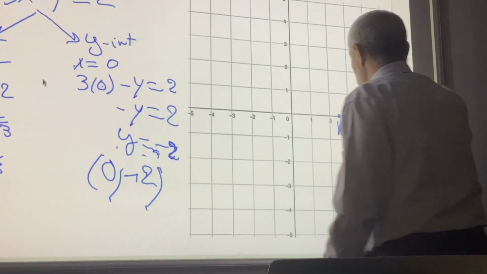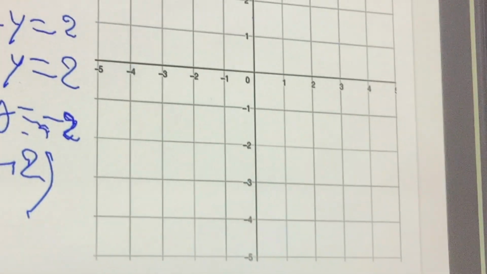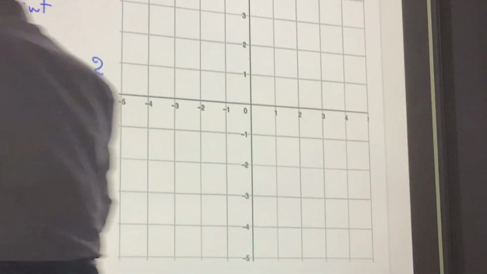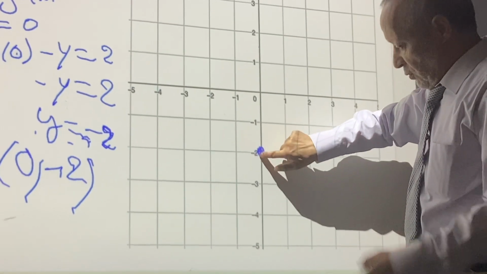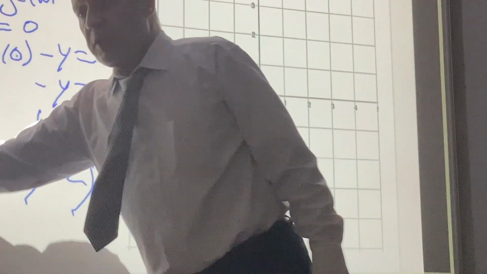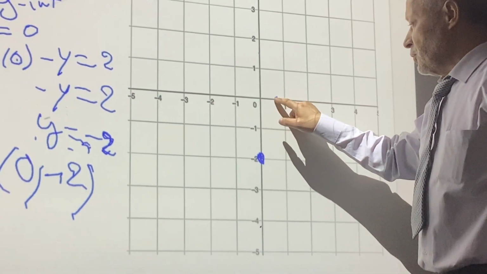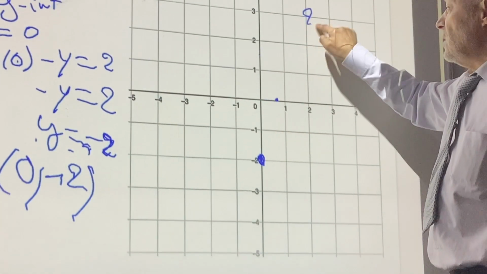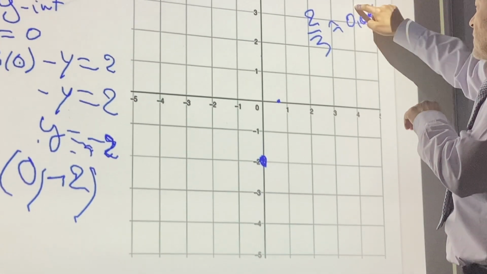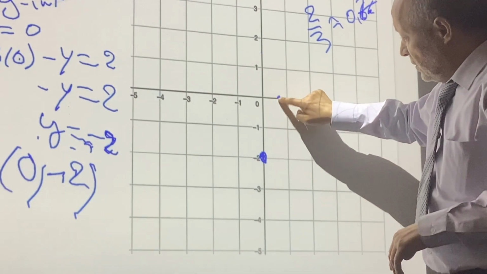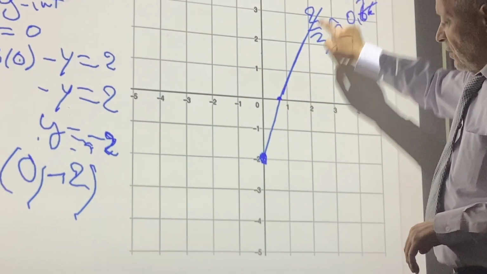To draw it, we plot 0 and negative 2, the y-intercept, and 2 over 3 and 0. 2 over 3 is approximately 0.66, somewhere here. So you graph it like this and you get your line.